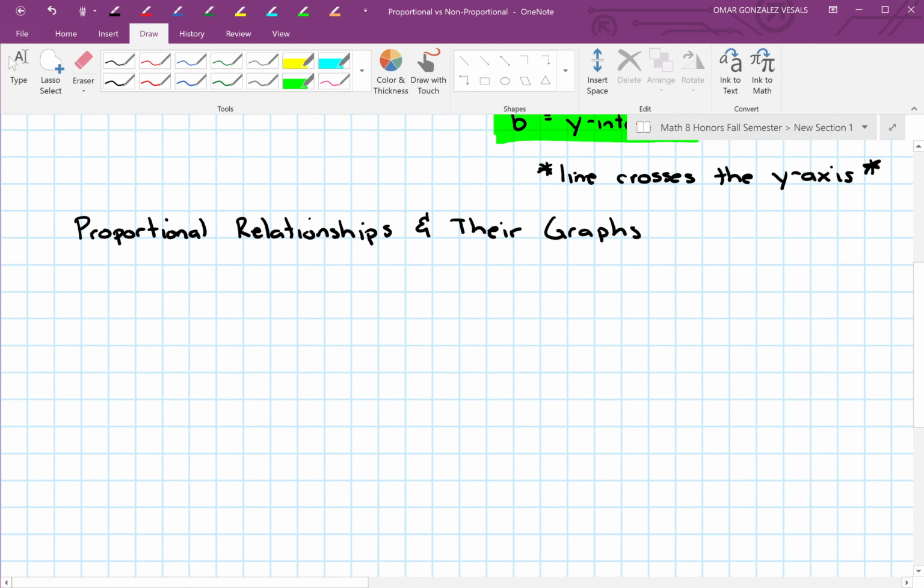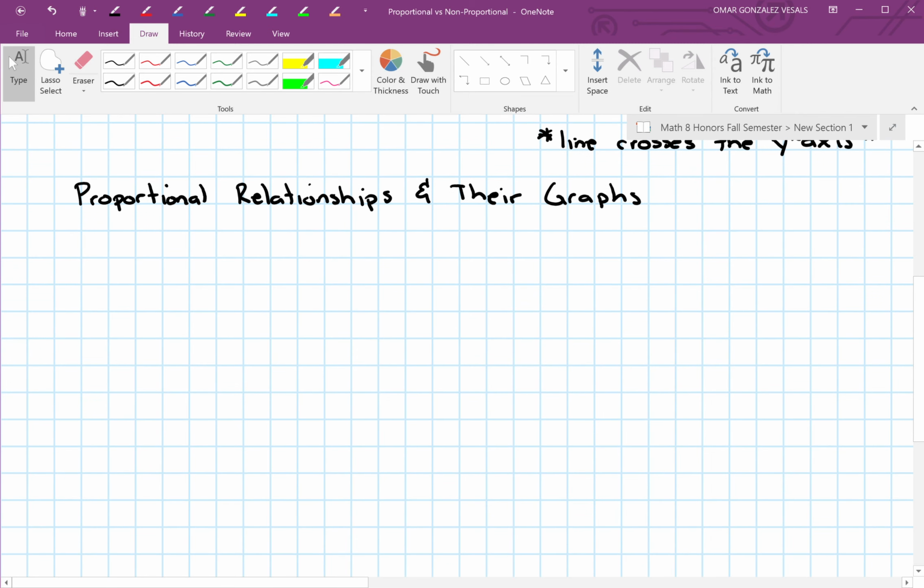Okay, so I know last year, whenever you guys did proportional relationships, you were given tables, right? And you had to check whether it was proportional, right? So let's start off with the table. Let's just go with x and y. 2, 4, 3, 6, 4, 8, 5, 10, 6, 12, and we'll just stop there.